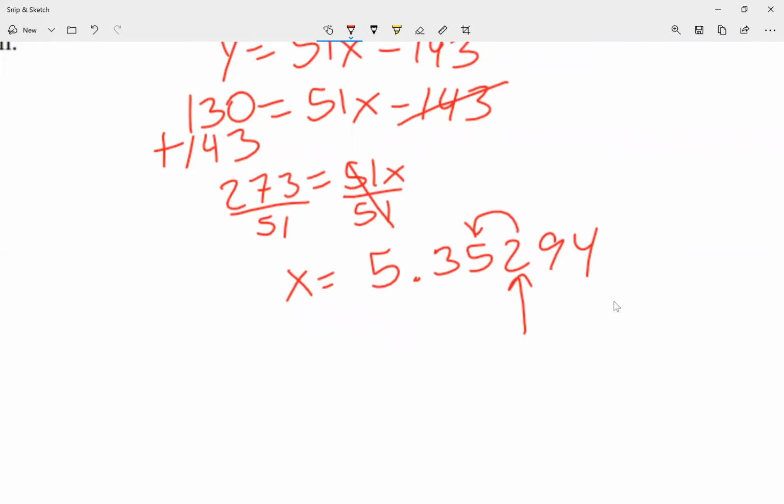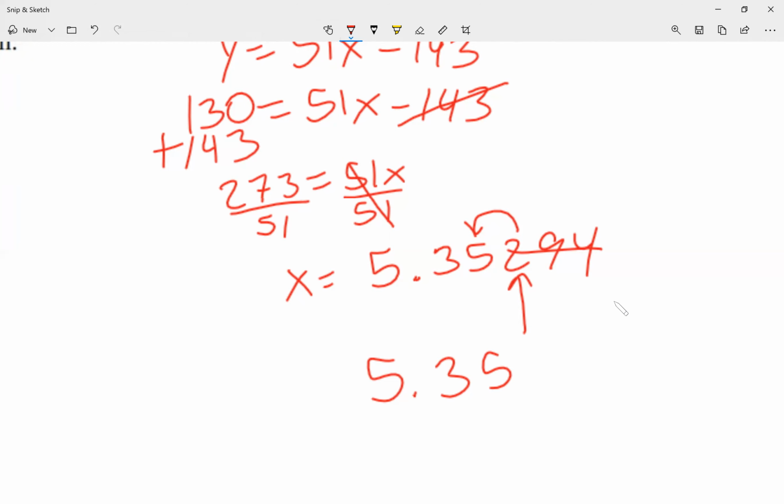So it will push the 5 up. So if the 2 was big enough, it will push the 5 to a 6. And what I mean by big enough is 5 or more. In this case, it is not, right? 2 is too small. So I'm just going to ignore the numbers after that. My answer will be 5.35. Again, if the 2 was big enough, push the 5 to 5.36.